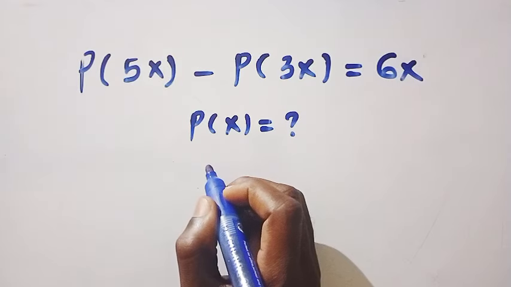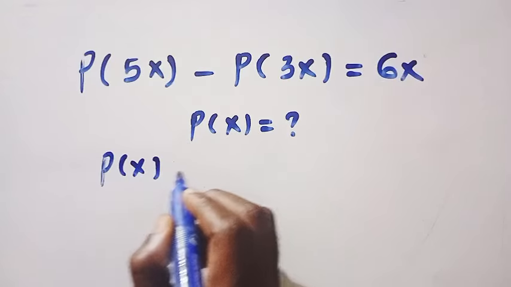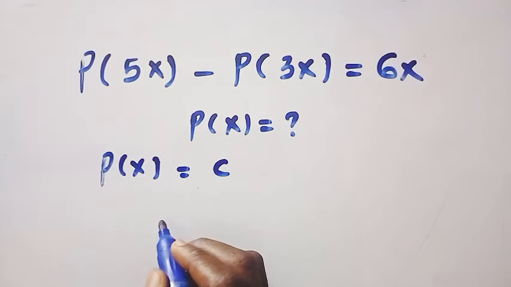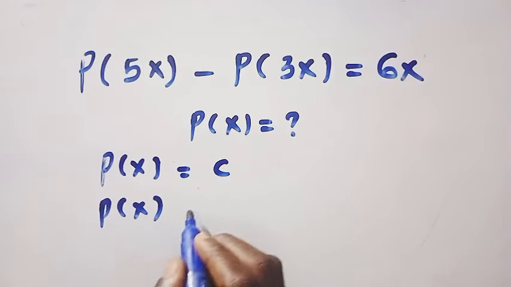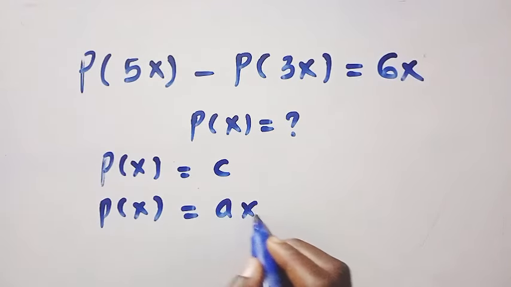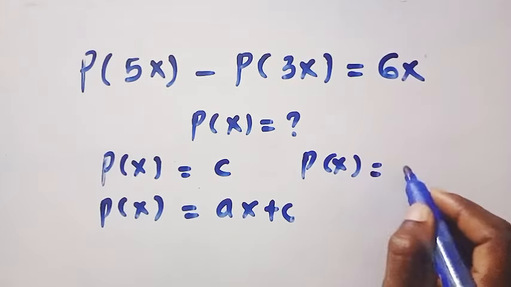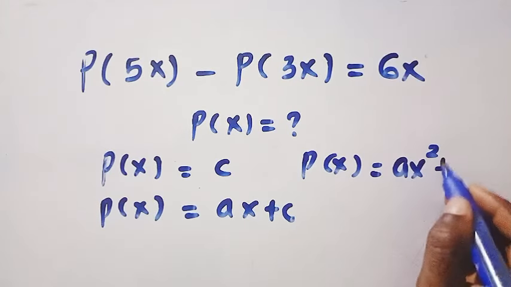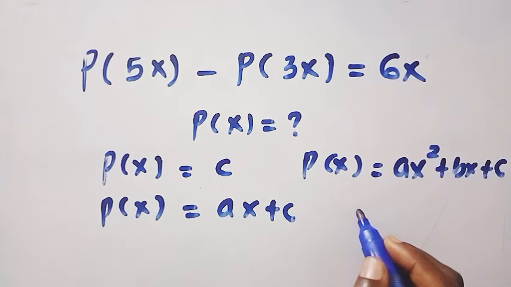But can we just assume that p of x equals a constant, or p of x equals a linear, or p of x equals a quadratic? So we cannot just assume this.